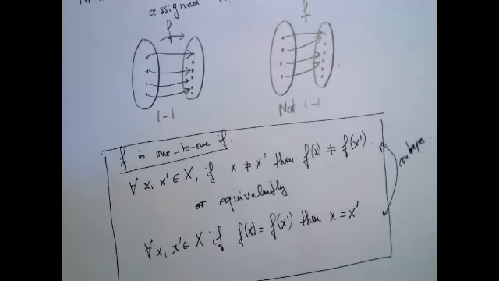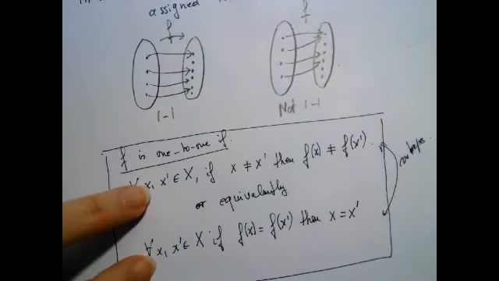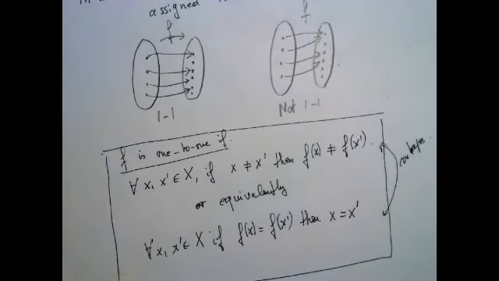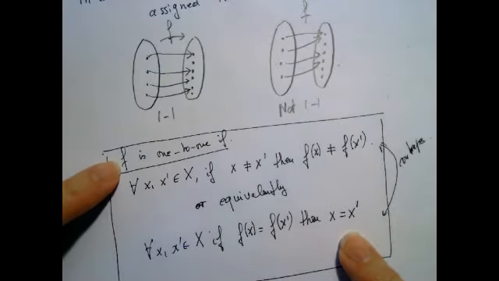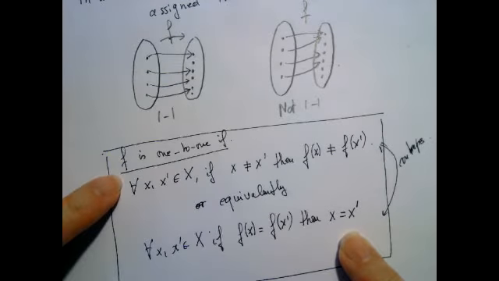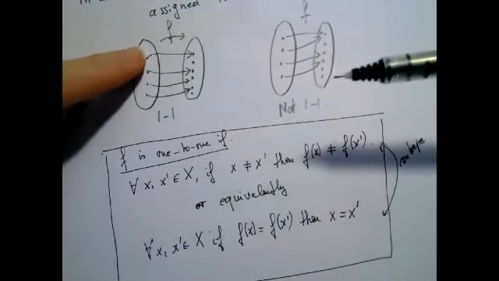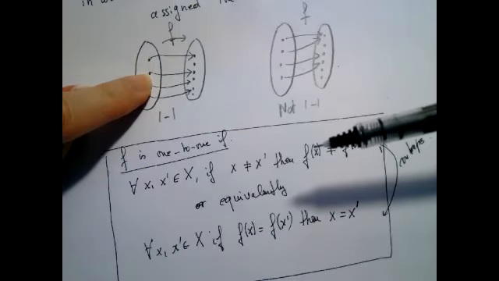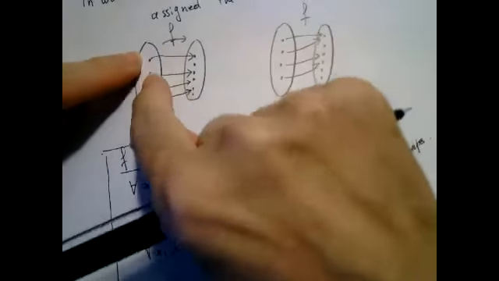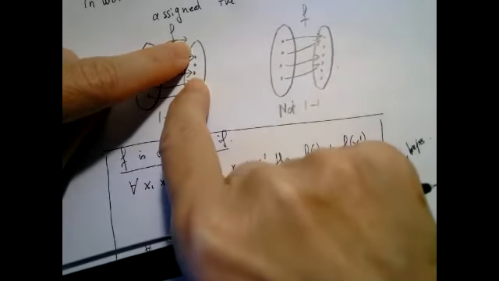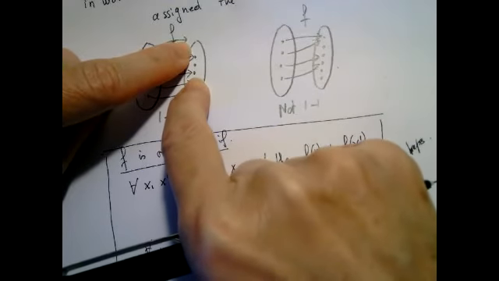And when we're showing a function is 1-to-1, we can use either one. The second one would be the easiest to use because it involves equality. This one involves inequality, which is harder to work with. So function F is 1-to-1 if given any two values of X, if they are different, what was assigned to them has to be different.